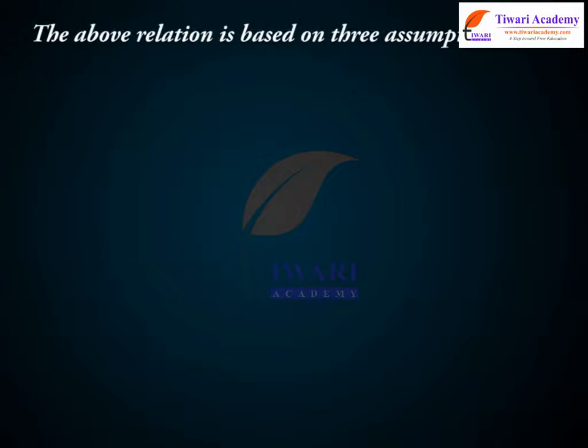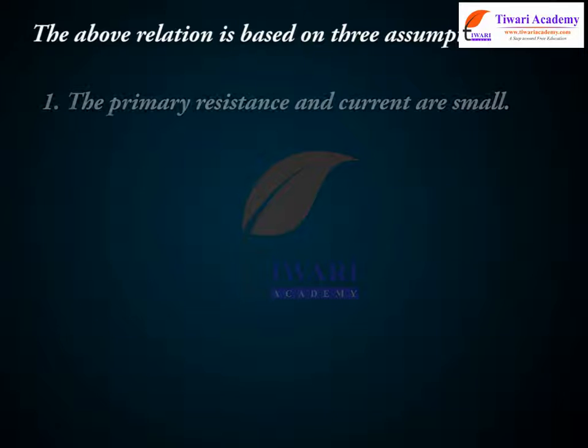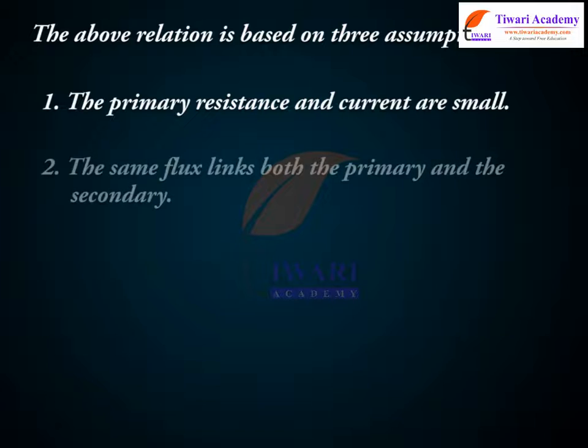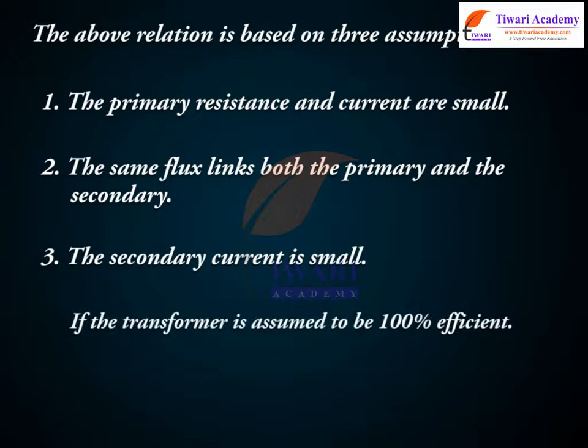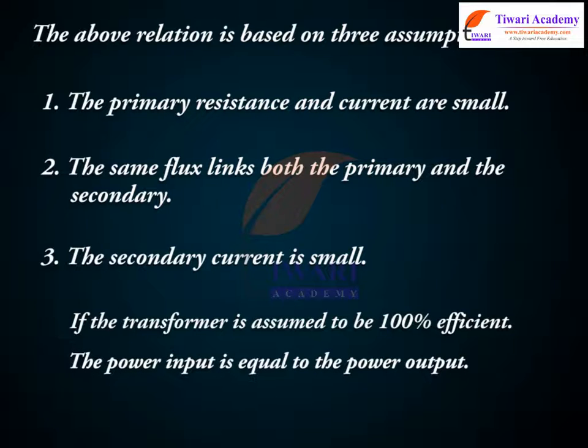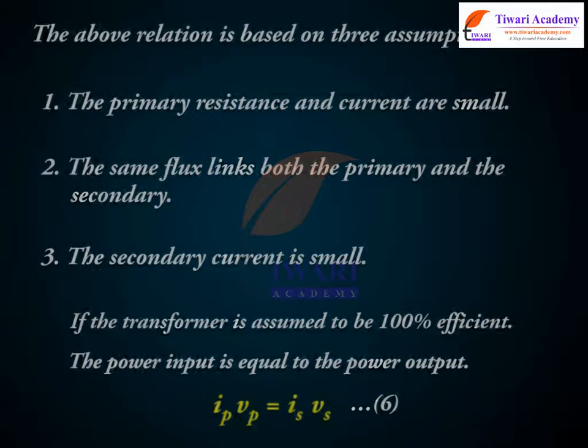The above relation is based on three assumptions. 1. The primary resistance and current are small. 2. The same flux links both the primary and the secondary. 3. The secondary current is small. If the transformer is assumed to be 100% efficient, the power input is equal to the power output. IpVp = IsVs, equation 6.